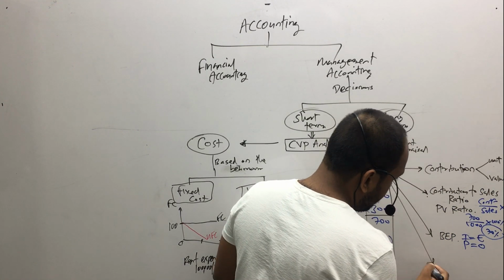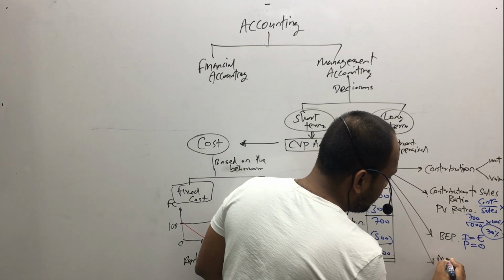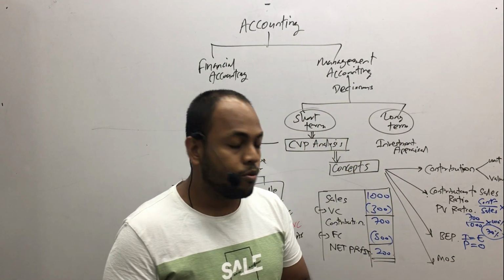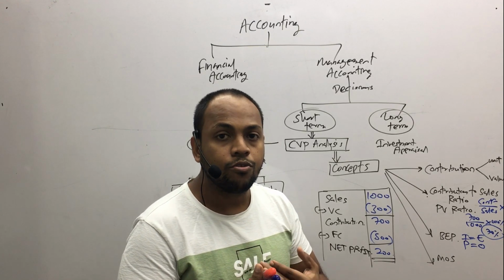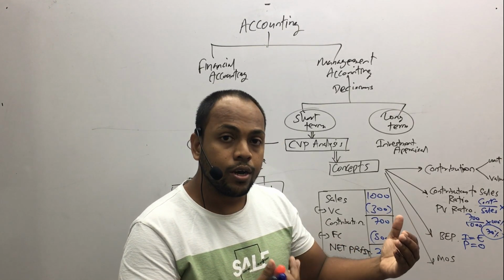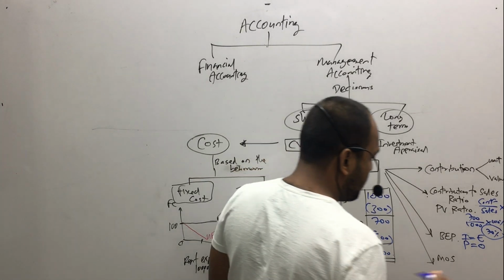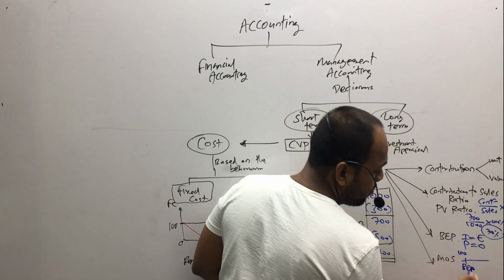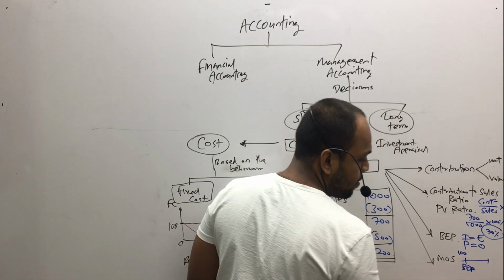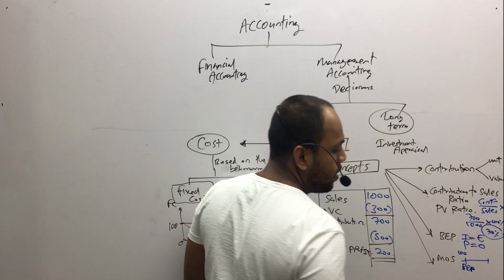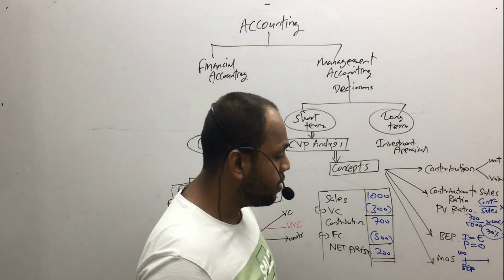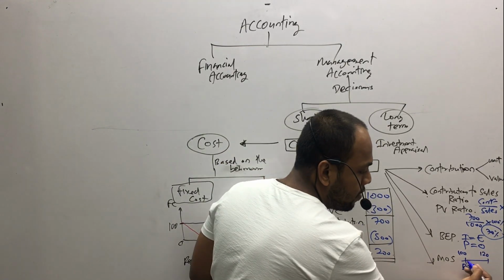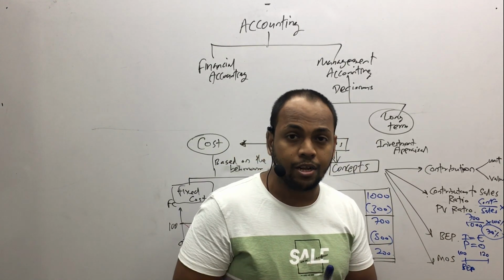Then the next concept is margin of safety. Margin of safety is the number of units that you produce more than your break-even point. Let's say your break-even point is 100 units, and your current production is 120 units, then this difference is your safety margin.